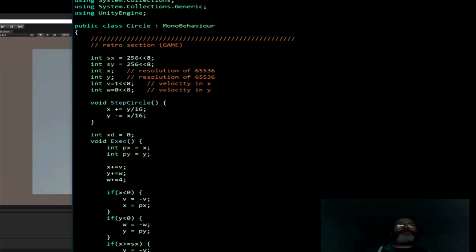If x is greater than or equal to sx, equal to, because if you have a screen resolution where it goes from 0 to 255, then 256 is actually off the screen. So if x is greater than or equal to sx, then we reverse v, and then we set the x position back to where it was, which is the same code as we had up there.